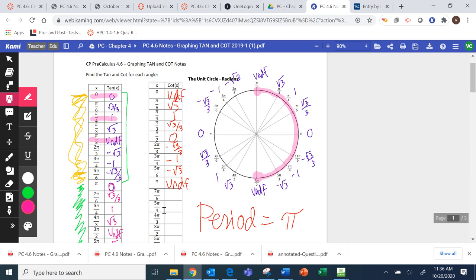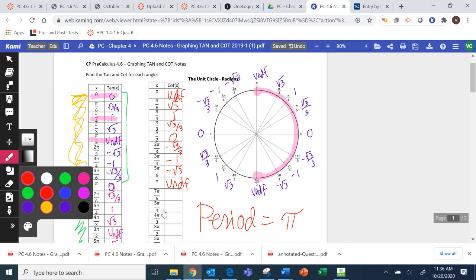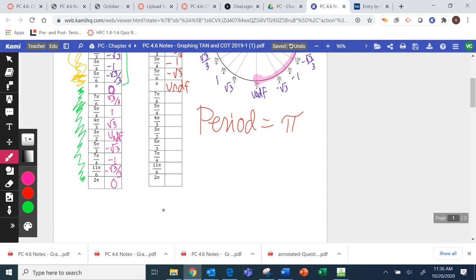I'm going to choose these values of tangent, but I want them in an interval that I can write easily.